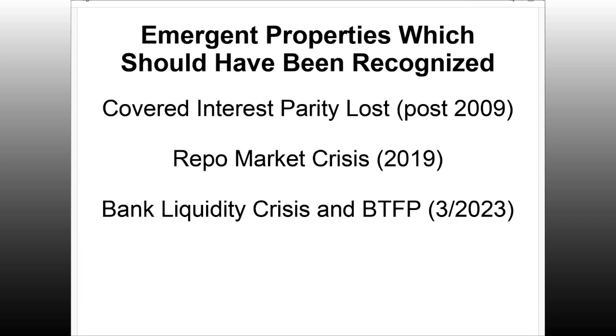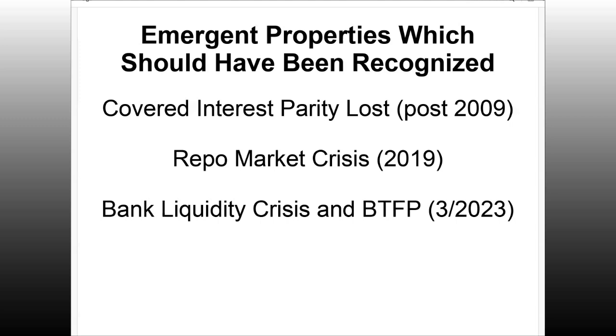Banks have two risks in making loans. One is the interest rate risk, where the longer the loan, the longer they are subject to interest rates moving against the funding, against the income that they have secured in a loan.